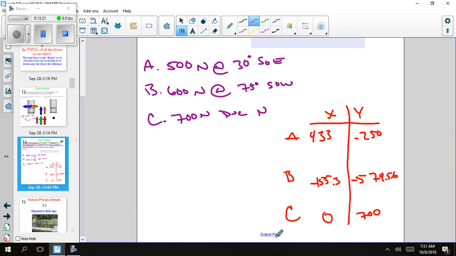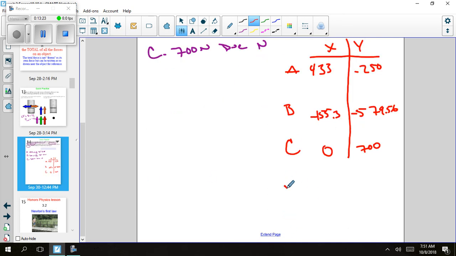North and east are all positive. So we'll add those together to get our resultant components. And you should end up with an X of 277.7 and negative 129.56. Then the Pythagorean theorem.